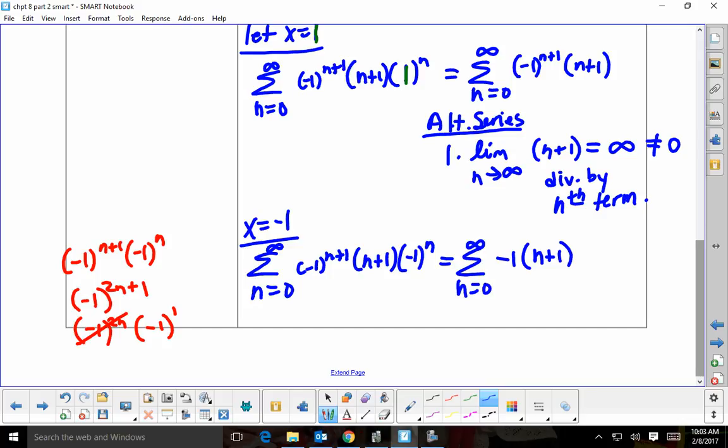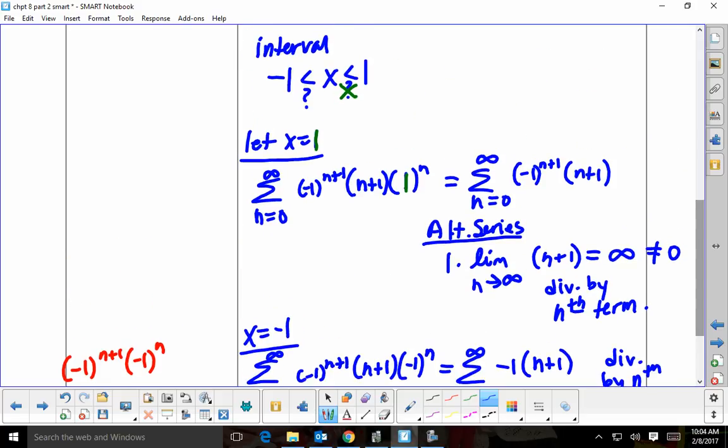Bam, what do I know it does? Diverges by the nth term test. Definitely that limit is not going to 0. It's going to go to -infinity, right? So again, I know that that endpoint is not included.